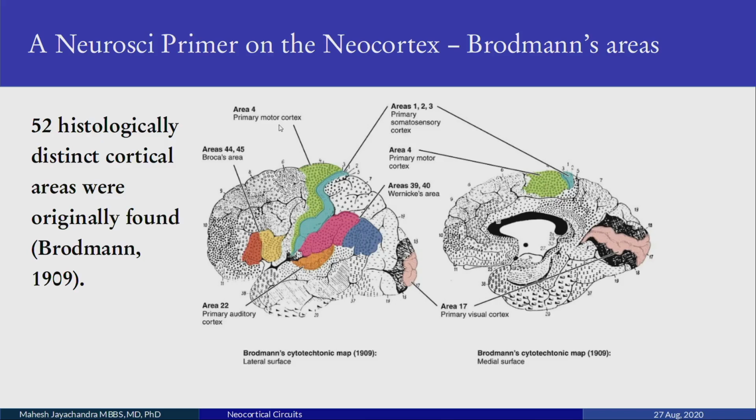Area 4 is the primary motor cortex. Broca's area is for language. Wernicke's area is also for language. And area 22, which is actually inside, is the primary auditory cortex. And this is a section looking at the medial surface of the same brain. So he found 52 distinct areas, and this is based on histology.